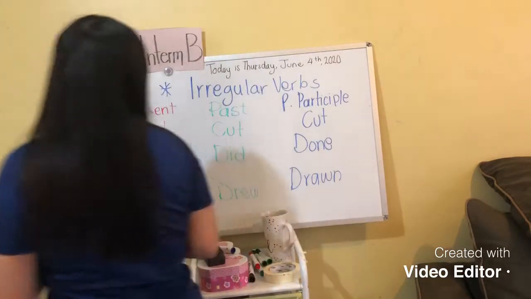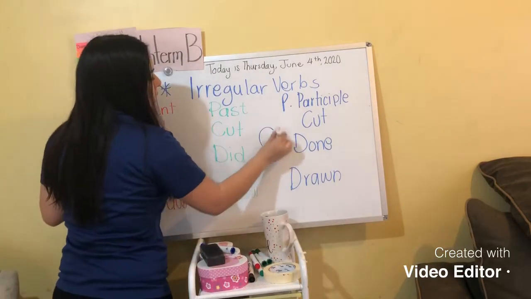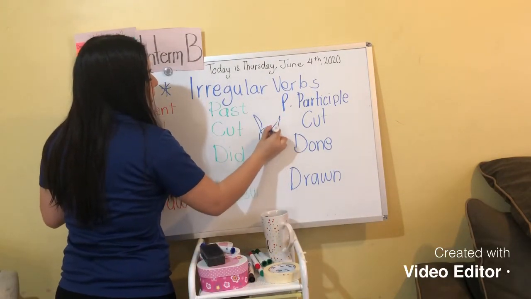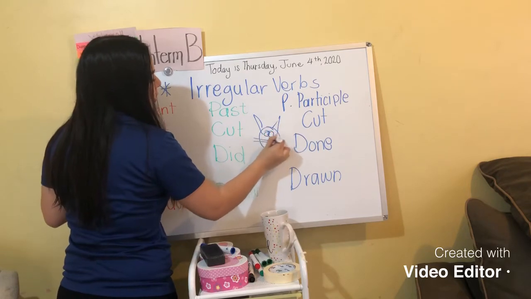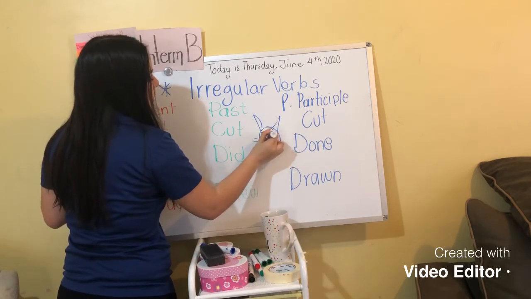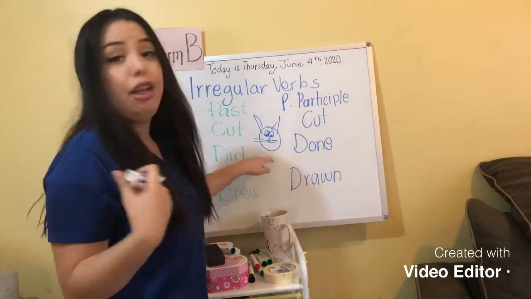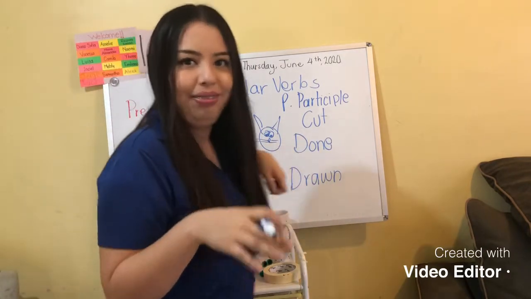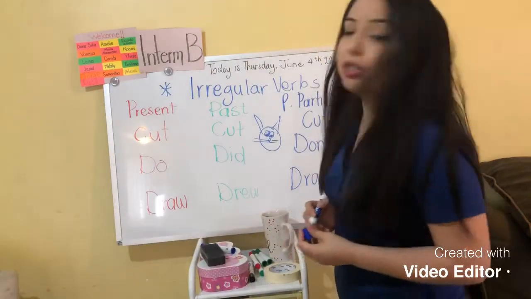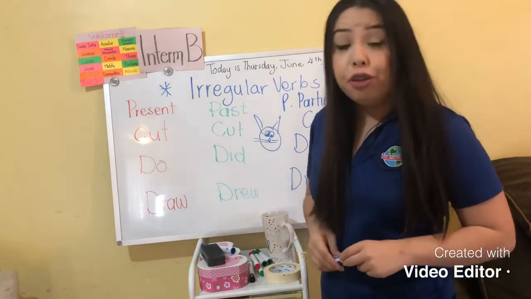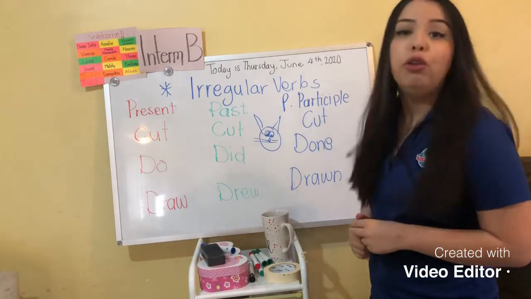Ah, okay, teacher. That is a cat. I drew a cat. Okay? So in the present, draw, in the past, drew, and in the past participle, drawn.